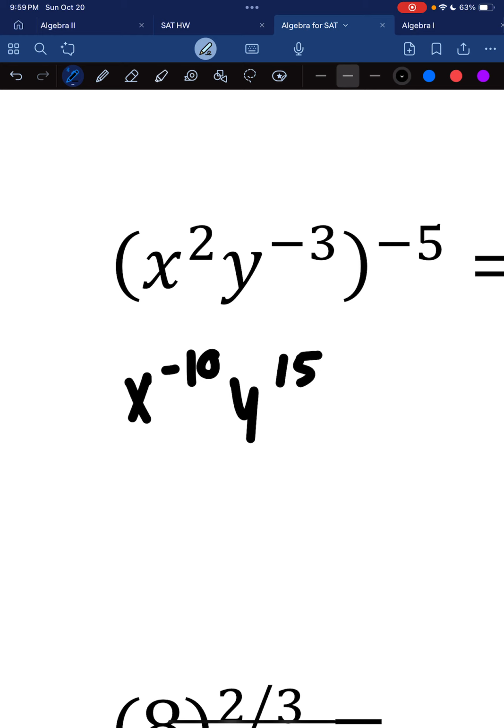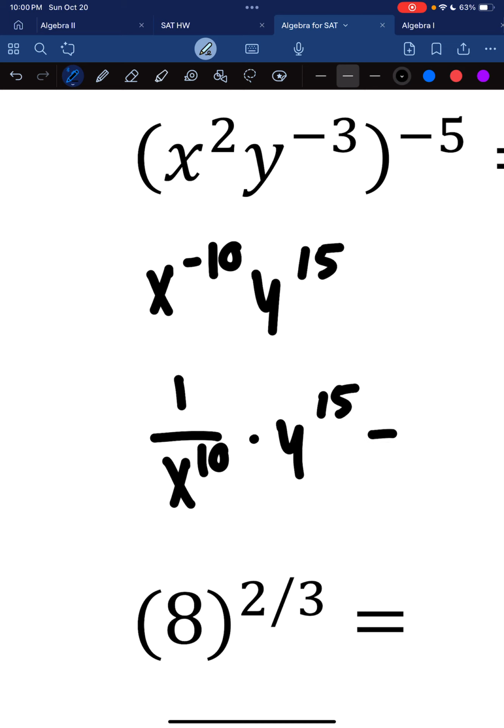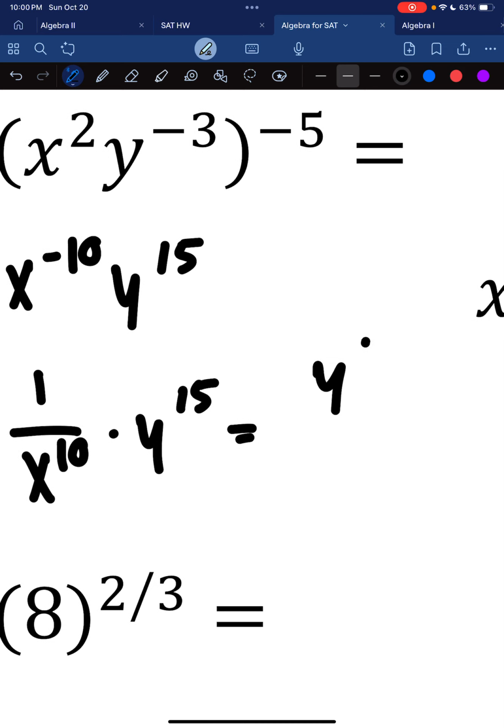If we multiply 2 times negative 5, it becomes negative 10, and then negative 3 times negative 5 is 15. Another way we can write this is 1 over x to the power of 10, since x has a negative exponent, and then times y to the power of 15, which is y to the power of 15 over x to the power of 10.